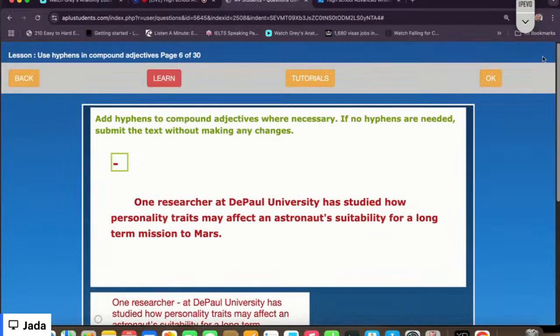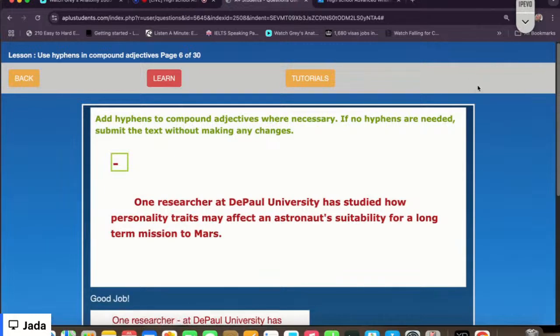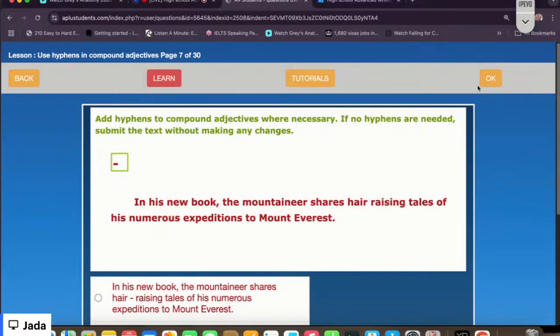So we have long term. So in his new book, the mountaineer shares hair-raising tales of his numerous expeditions to Mount Everest.